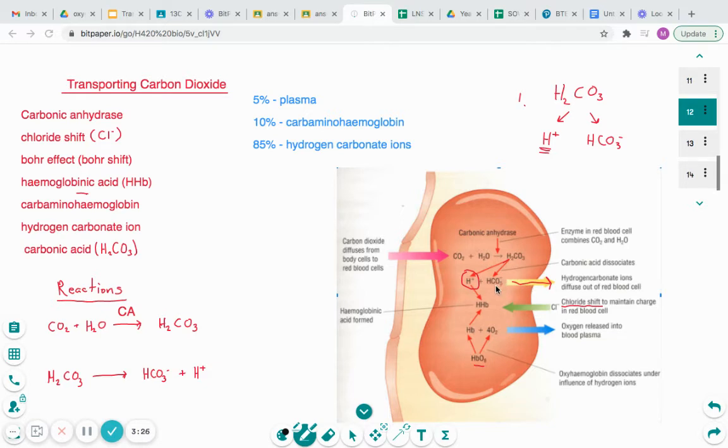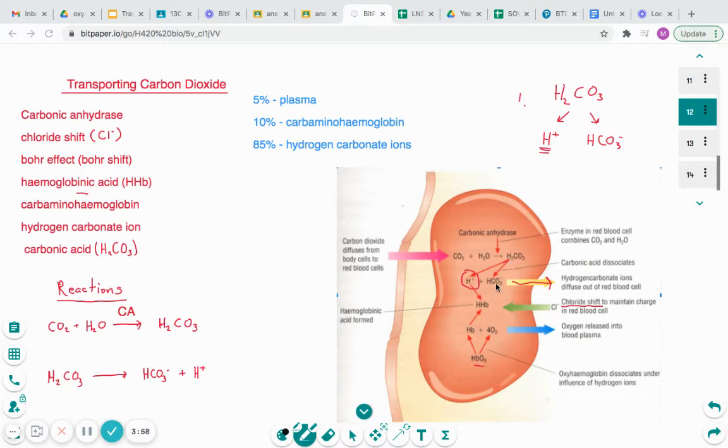So if negative charge is diffusing out, it's causing the inside to become positive, and that can be balanced out by a process called the chloride shift. Chloride ions are pumped in to counteract any negative that was leaving, to maintain a neutral charge.